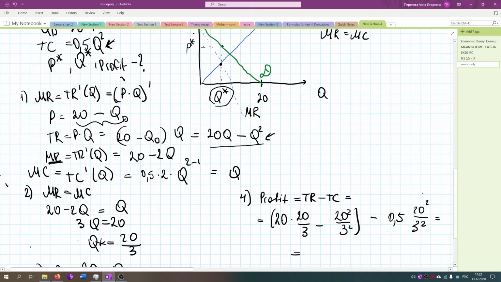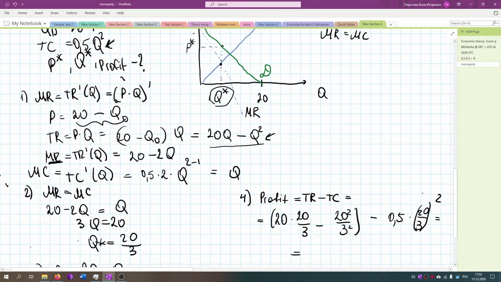I'll write like this: 20 divided by 3 and the power of 2.